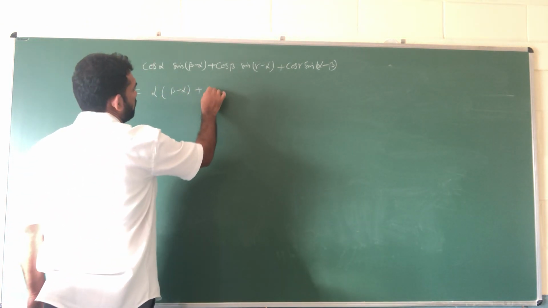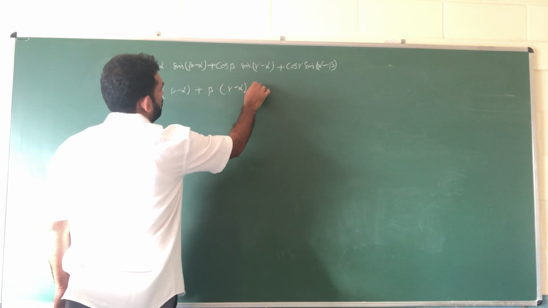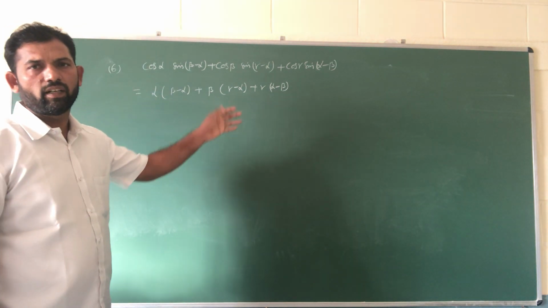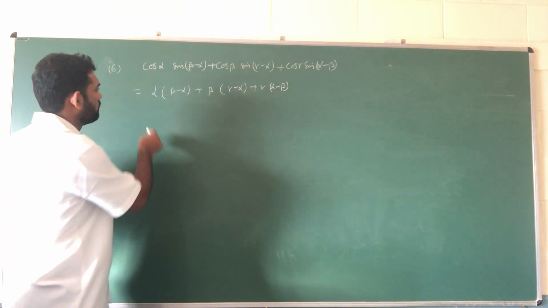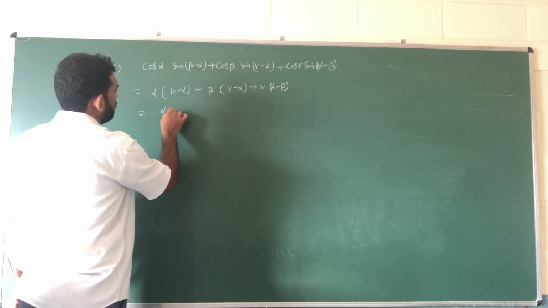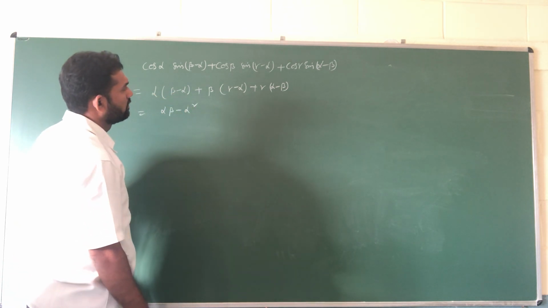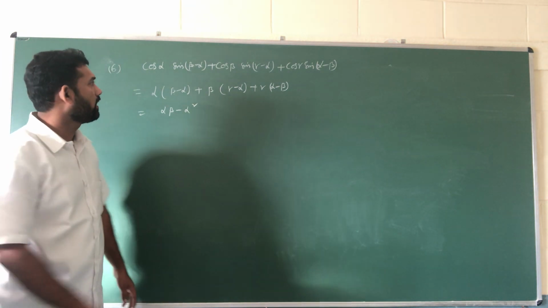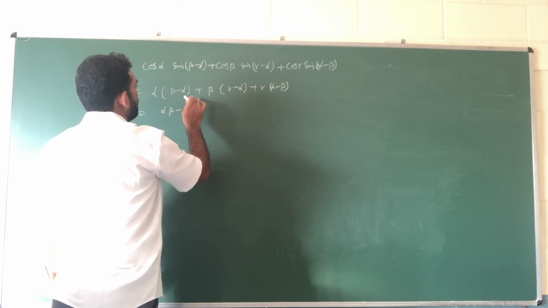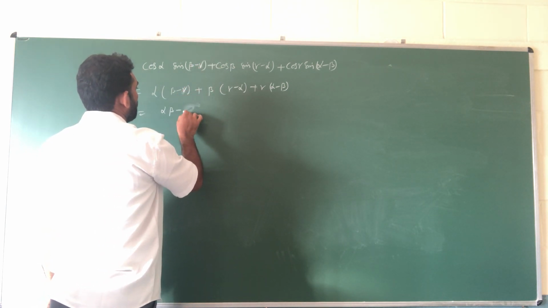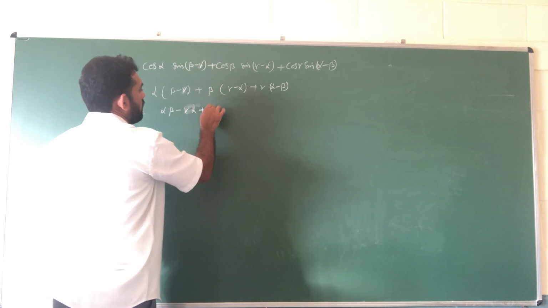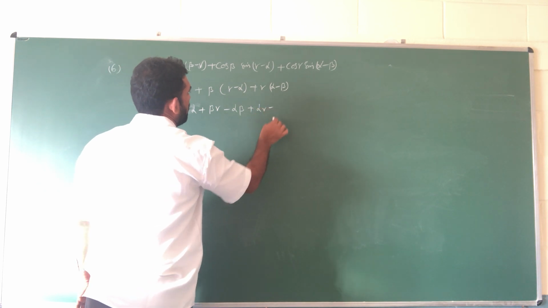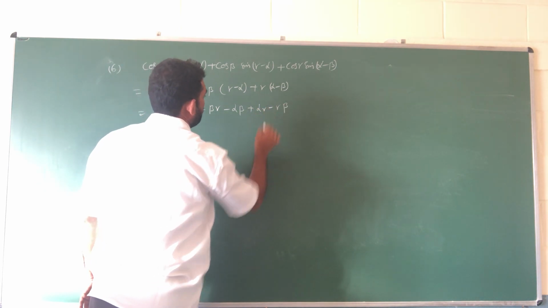What happens? Without sin cos, only angles brought outside. Alpha beta, alpha square, alpha beta, so beta gamma, sorry, beta gamma, gamma alpha, beta gamma, alpha beta, alpha gamma, gamma beta.